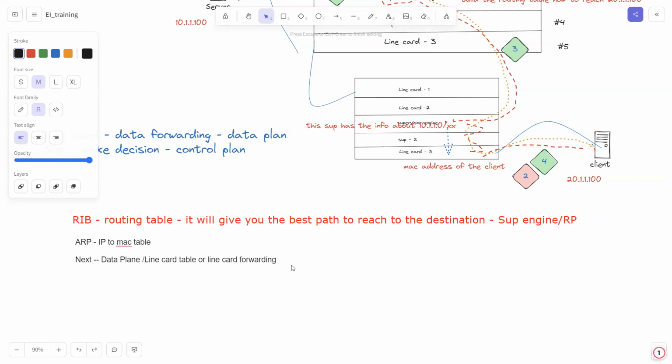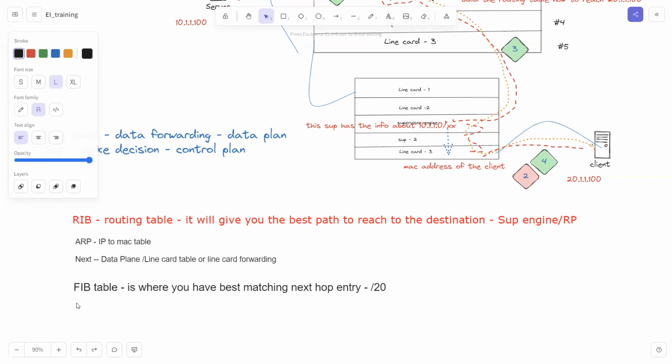Okay, so in this, what these line cards are maintaining, right? So line cards are maintaining the FIB table. What is there in the FIB table? FIB table is where you have the best matching next hop entry, right?